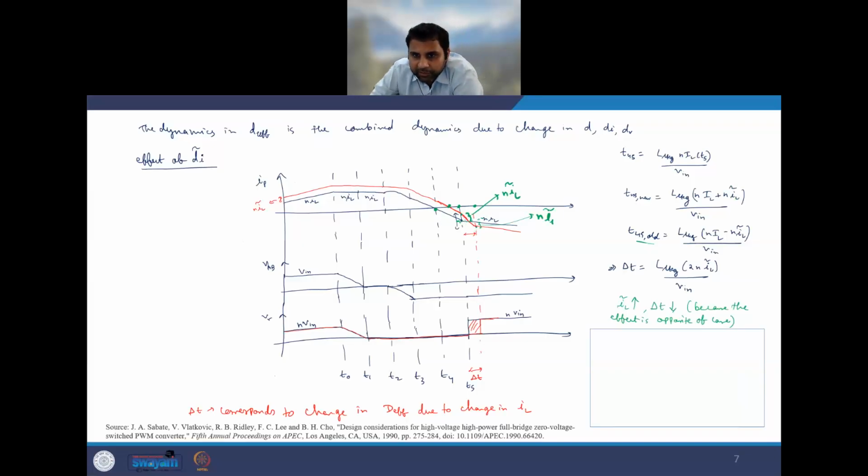If I see the previous one, at this point it reached beforehand itself, NIL, and after this point, because of this slope, it will reach NIL, I mean below, because of this particular thing. So that is why 2 times NIL has come into picture.